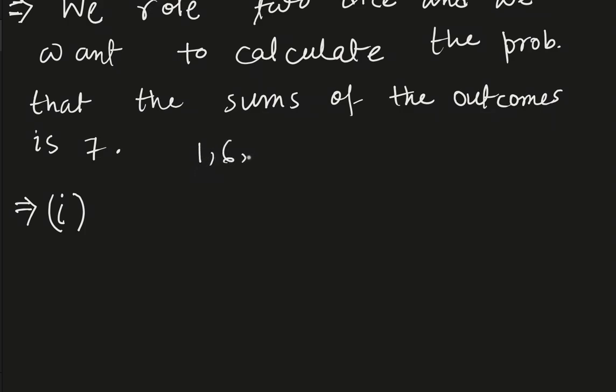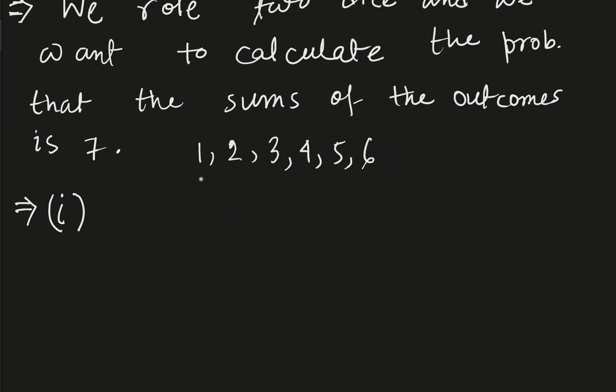So if I roll a die, then one of these 6 numbers will come: 1 2 3 4 5 6. Now if we roll another die, the same 6 numbers will come. So how many sums can be possible?